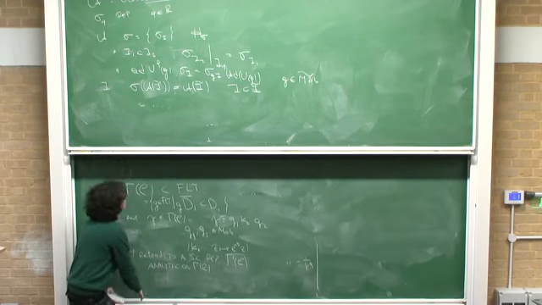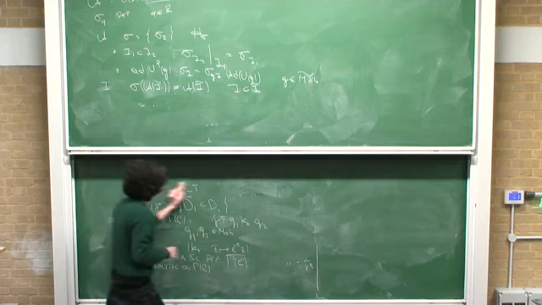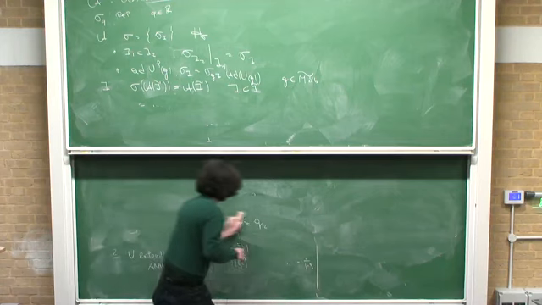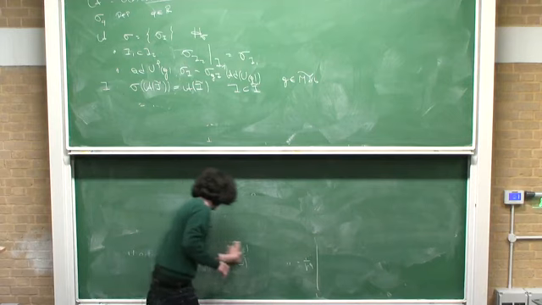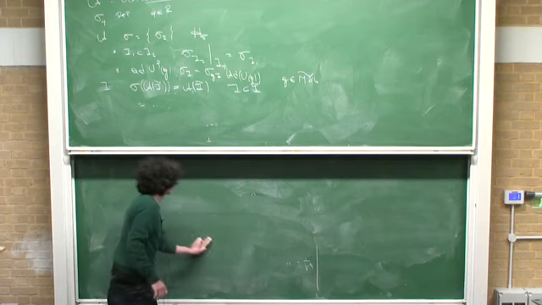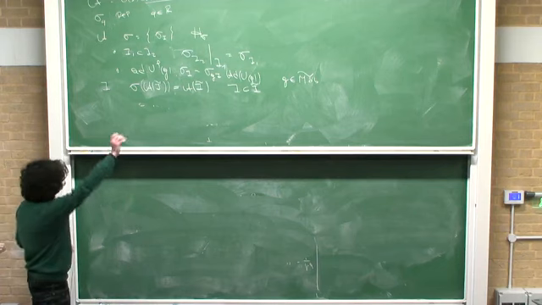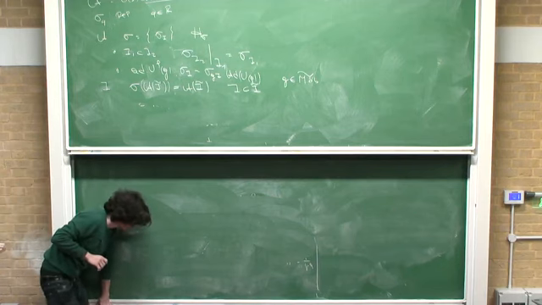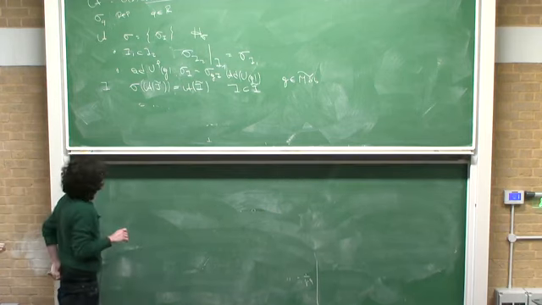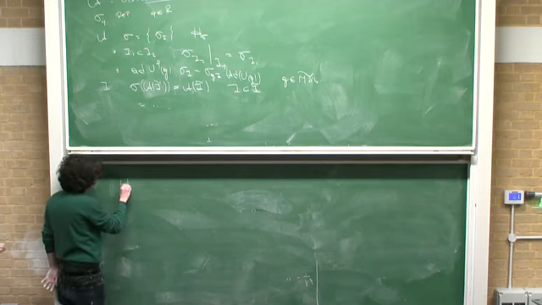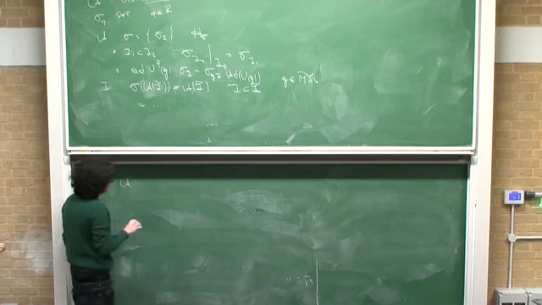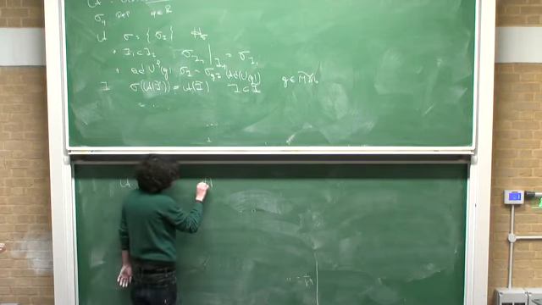Considering the tensor product, we can consider this net A tilde, which acts on a tensor product.